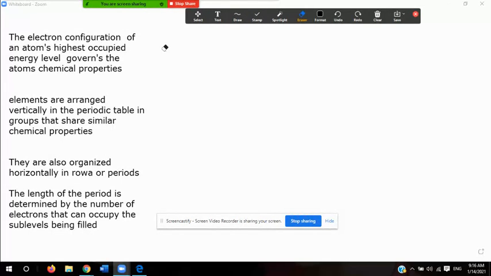Next, they are also organized horizontally in rows or periods, and the length of the period is determined by the number of electrons that can occupy the sublevels being filled. So if we talk about period two, generally the S and P sublevels are being filled, and it's going to last according to how many electrons are being filled. Let's talk about that real quick before I move on to anything else.